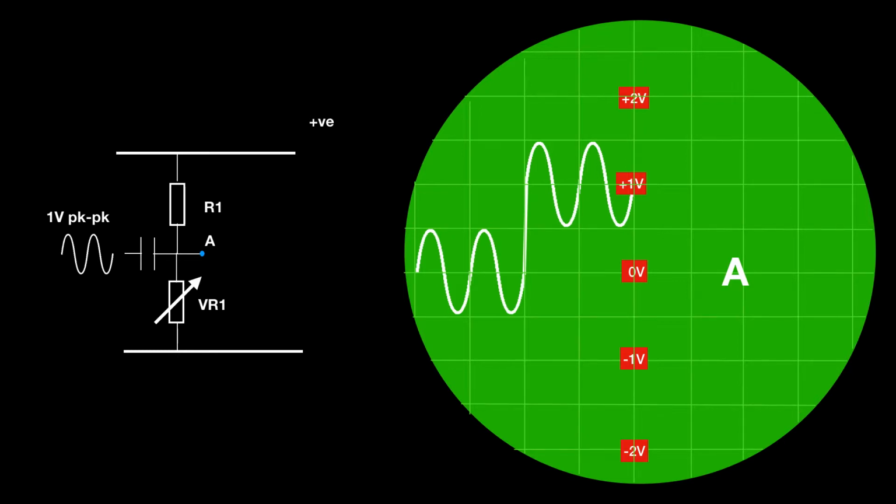In other words, it'll swing plus and minus a half a volt around the 1 volt DC level. And similarly, if we turn up VR1 such that there is 2 volts on A, that will be the picture. The signal will go to 2.5 volts maximum and 1.5 volts minimum.